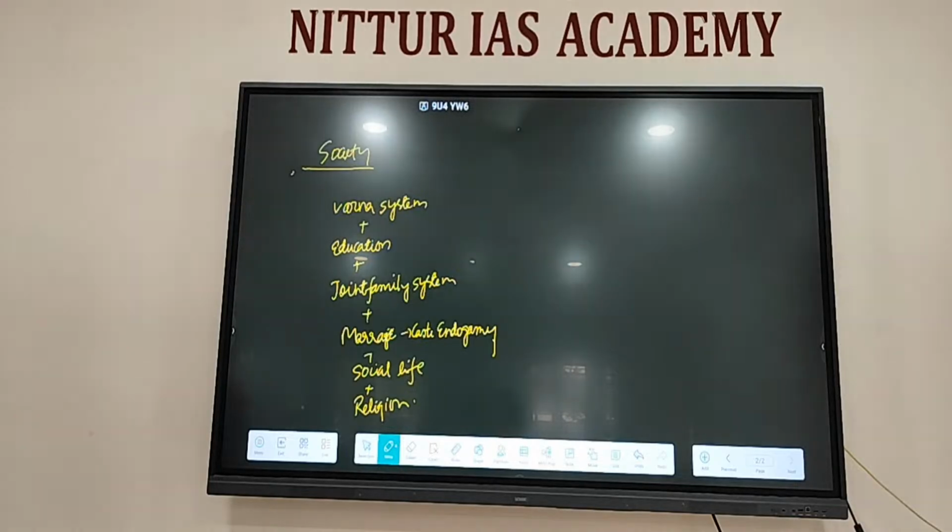Johar was practiced among Rajputs, a warrior caste. When husbands died, the Delhi Sultanate or Mughals would come and take these women and make them slaves.